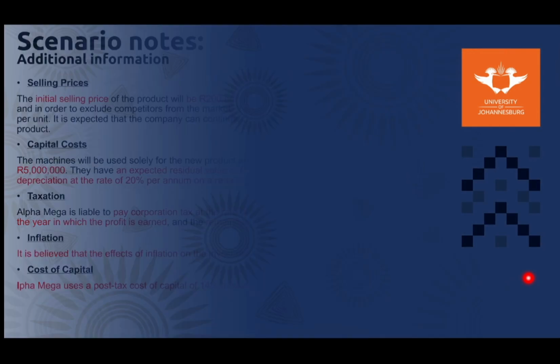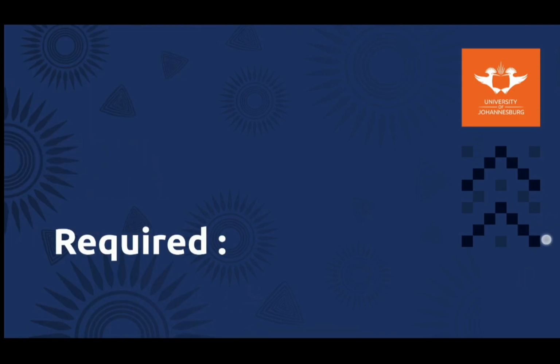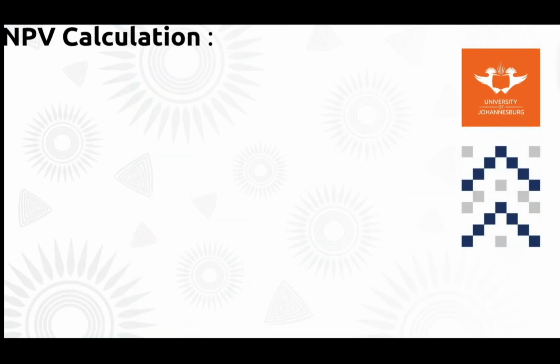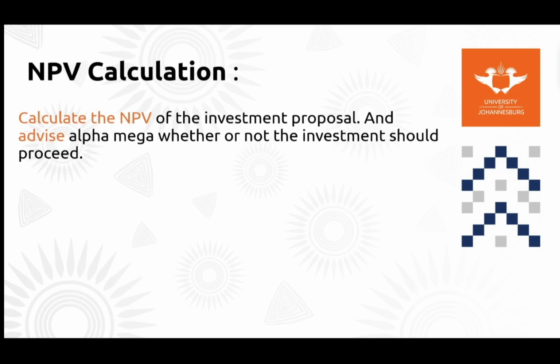Right. So let us look at the required, right? The required states that we need to calculate the NPV of the investment proposal. Then there's a second part where it says advise Alpha Mega whether or not the investment should proceed. So now in this advice, you are using your theory or understanding of what NPV is, right? Because with NPV, if a project is greater than 0, then it is positive and it should be accepted.